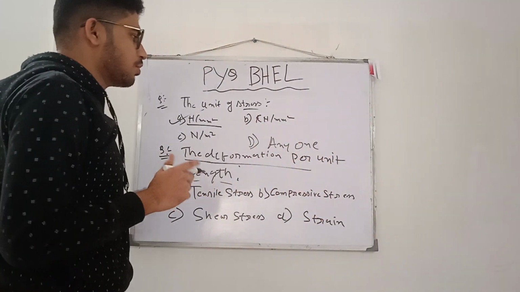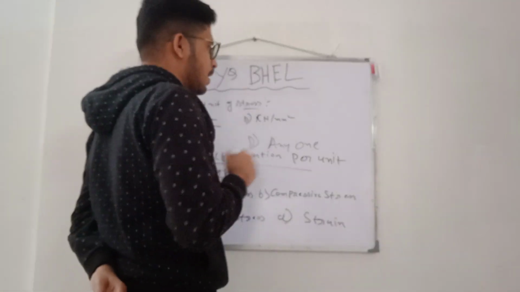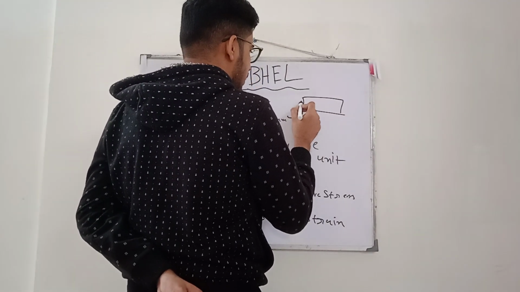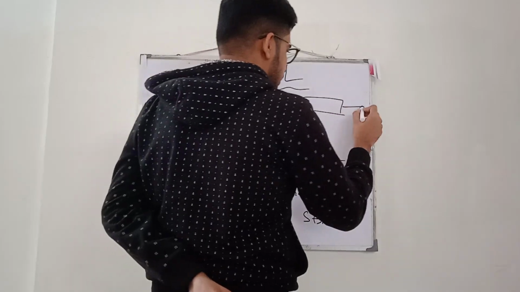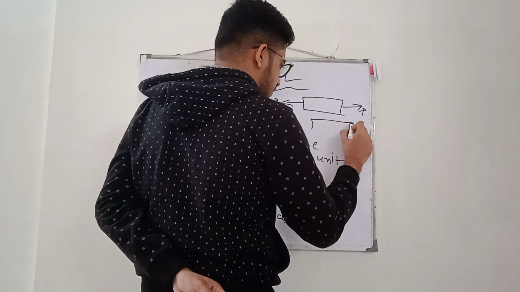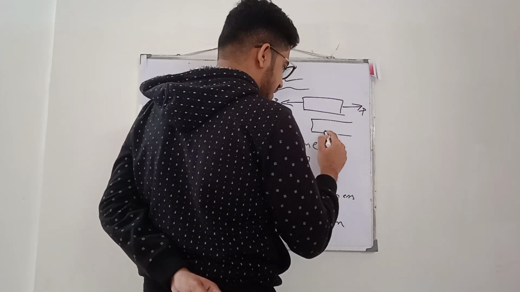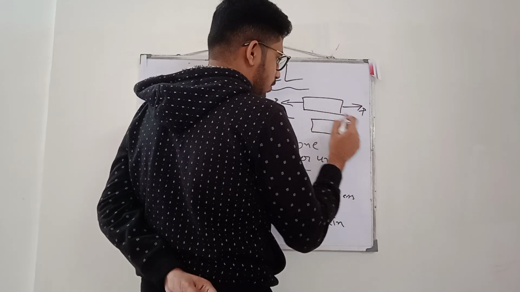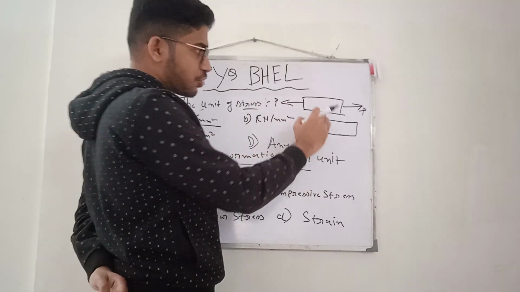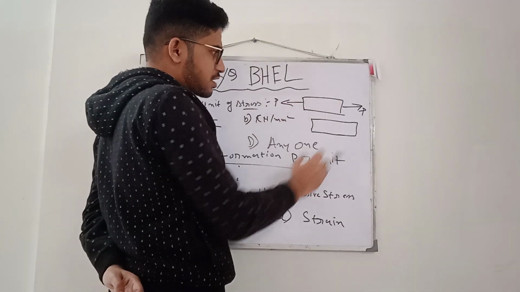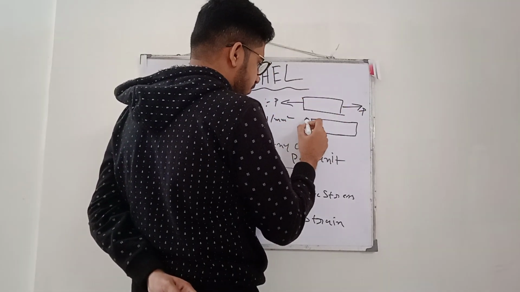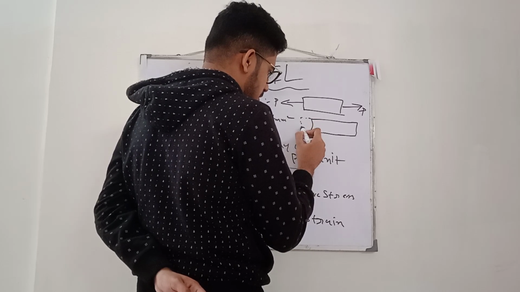First you have to know what strain is. Suppose this is a material and we are giving this force. The force should be above the threshold resistive force, or threshold stress, for it to deform. Suppose it is deformed like this.